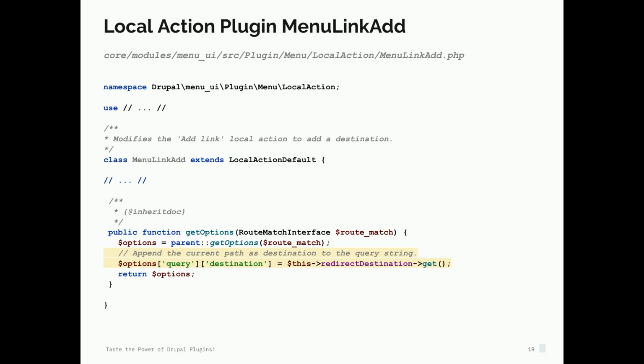The reason this particular class is handy is it essentially copies the destination query string through to the link that it itself provides, which basically means I can go from someplace in Drupal, a link that has a destination query string that usually indicates when you're done with the process, come back to this page or come back to the specified destination. Oftentimes you link to a form that way, you submit the form, then it redirects you to that destination. So this local action plugin will then essentially copy that destination through.